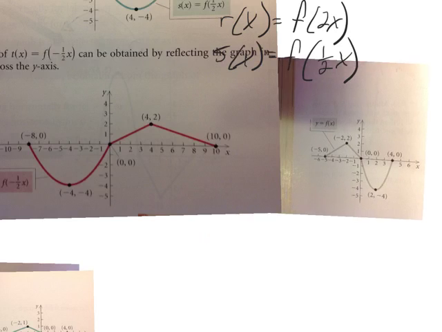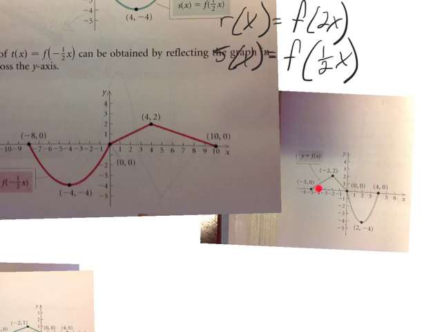So what I did is this part here reflected, now it's over here, and this part here is now over here. And it's still the 1/2. This doubled, this doubled, this doubled, and this doubled. The height didn't double, just the width, because it's a stretching, because the 1/2 is between 0 and 1. So if the number here is between 0 and 1, it stretches. If it's greater than 1, it shrinks.